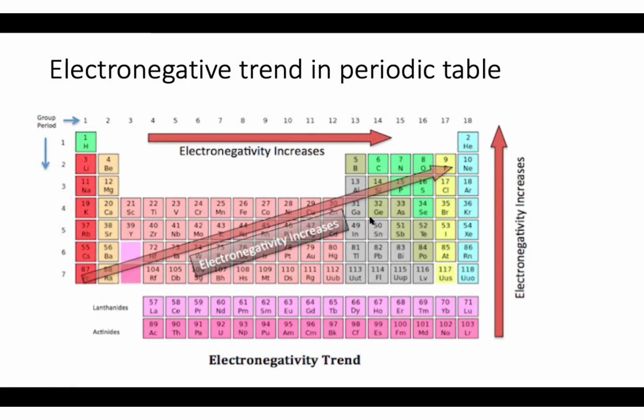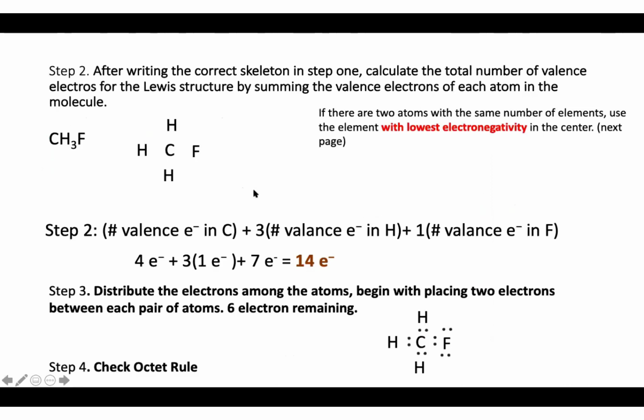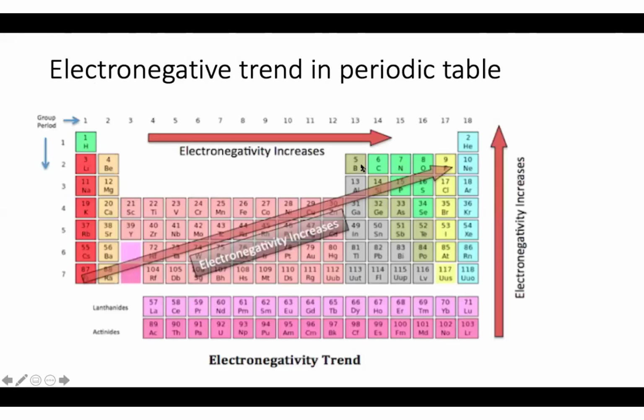So let's go back to our slide. Here, when you want to arrange the elements, you make sure the element with the least electronegativity goes in the center. If you go back, you will see that carbon is less electronegative compared to fluorine.